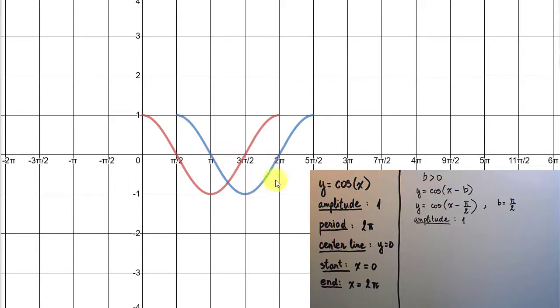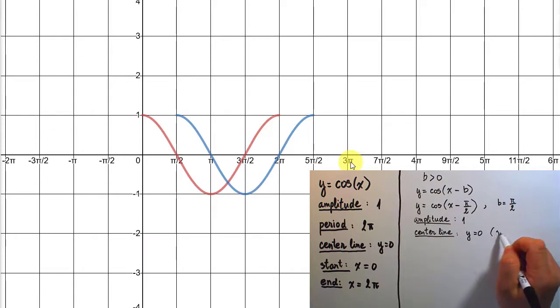This blue graph has a center line at the line y equals 0, or namely the x-axis.